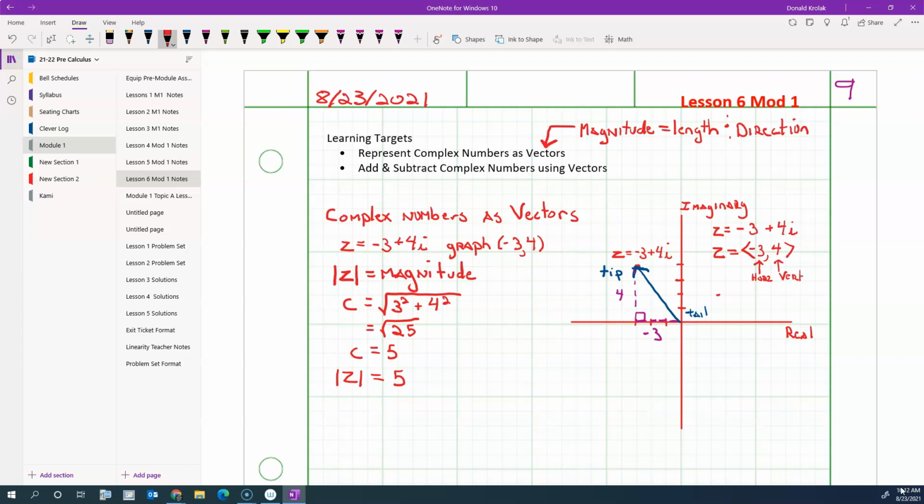And then it's also written as a column. So you might see it written like this, negative 3, 4. The top number is the horizontal, and the bottom number is the vertical. So it can be written all sorts of different ways. It can be written horizontally, and it could be written vertically.